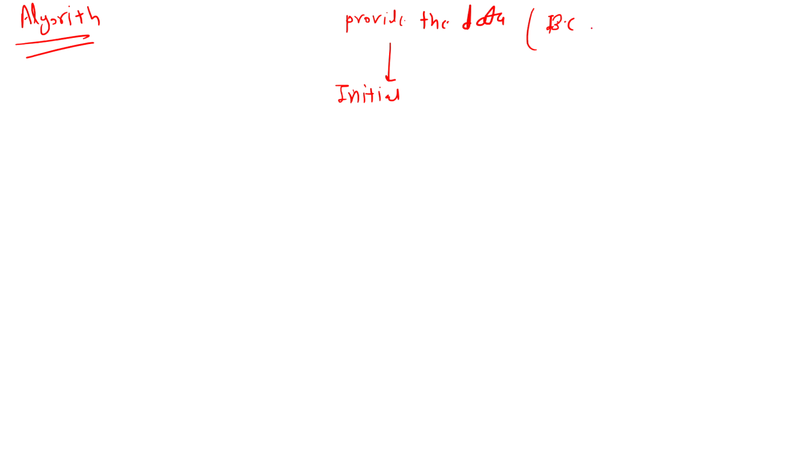So what is my algorithm? So the algorithm for this is that first, provide the data associated with the problem, BCs, equation and constants are provided. Then we take initial guess u naught old.